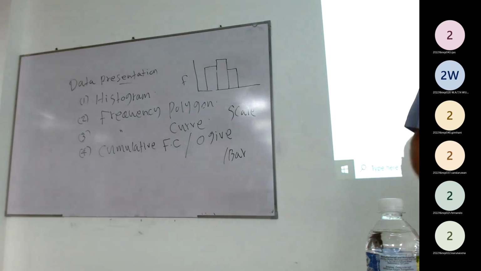If the mid values are linked smoothly, there is a curve, right? That is called frequency curve. Sometimes we say smooth frequency curve, because we construct it smoothly.